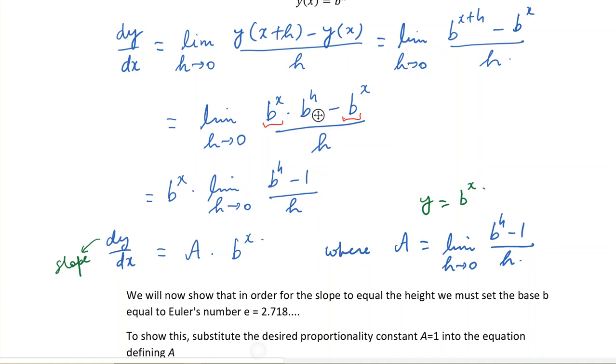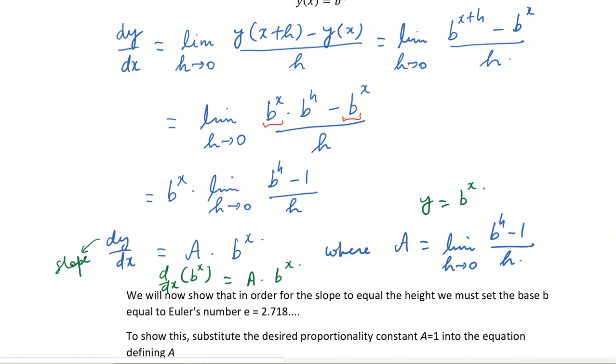So basically what we are saying is d over dx of b raised to power x is equal to a times b raised to power x. So we can see that the slope of any exponential function is proportional to its height, right?